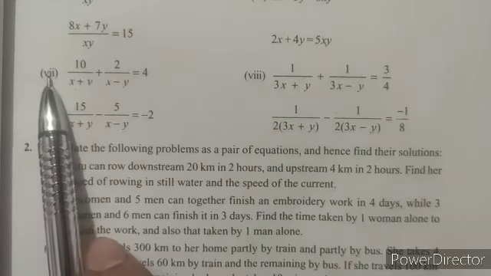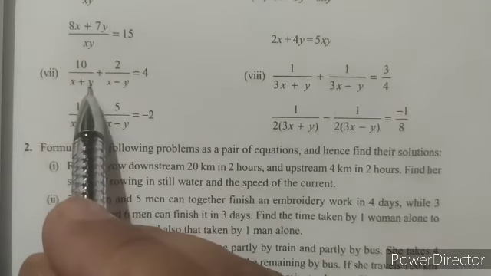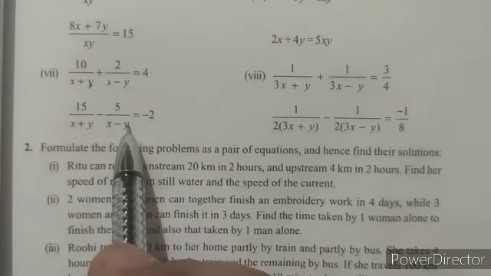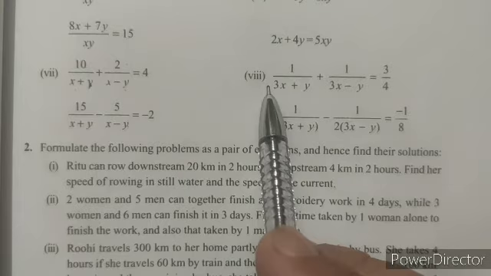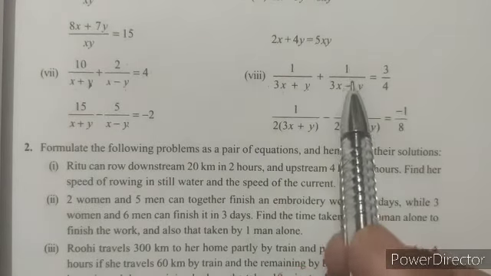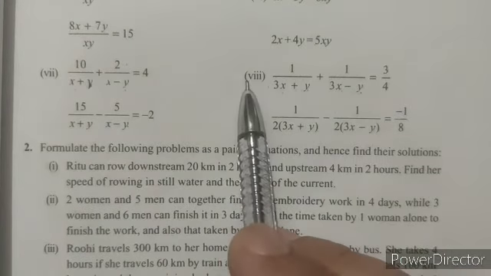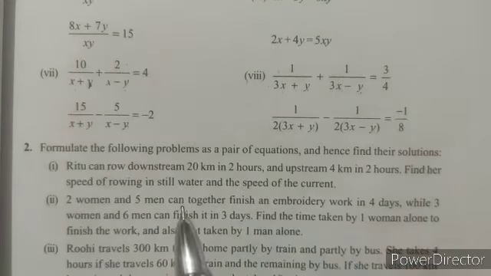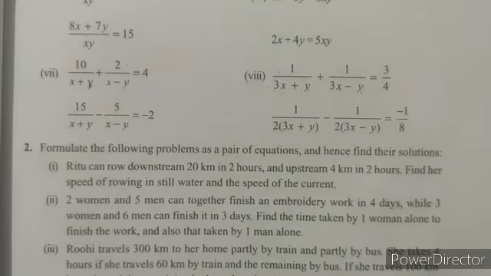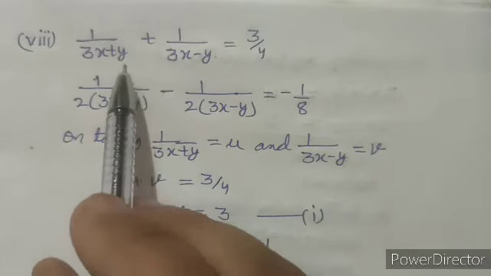Now in the 7th equation we can take 1 upon x plus y as u and 1 upon x minus y as v, and in the 8th we will take 1 upon 3x plus y as u and 1 upon 3x minus y as v. So I am doing the 8th part of the question first. Now in the 8th part, two equations are given to us.